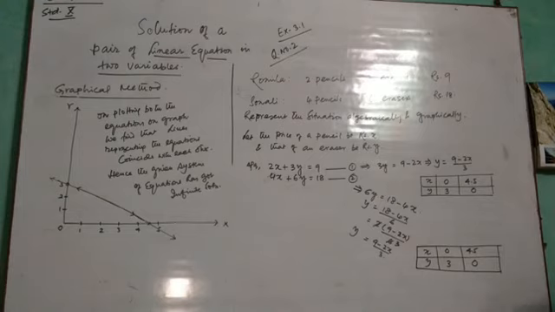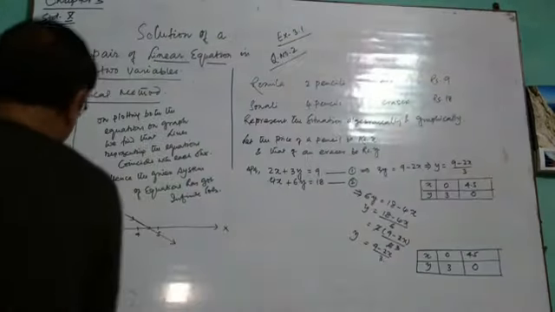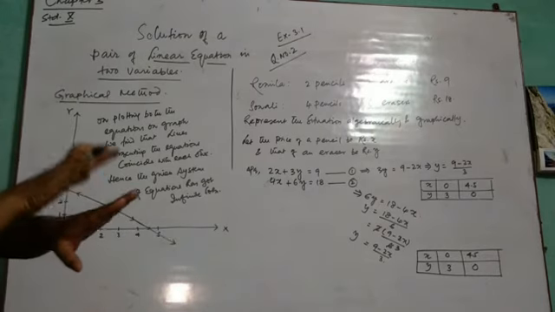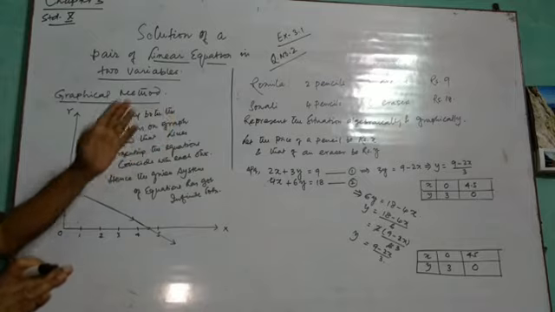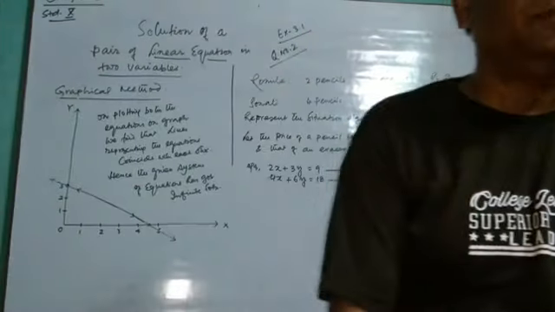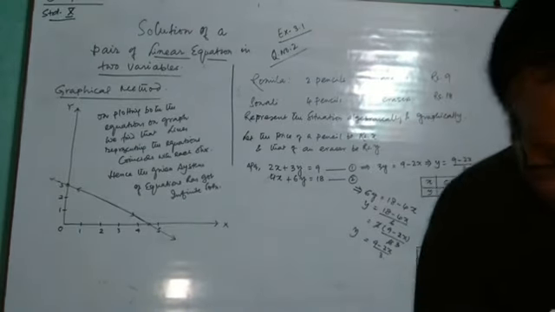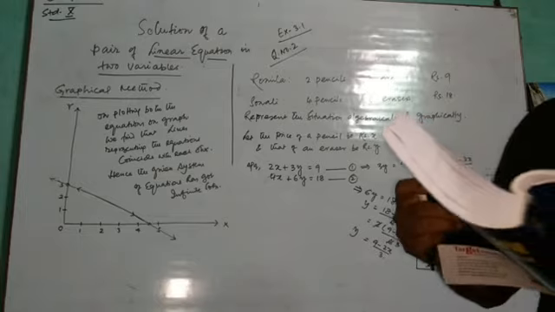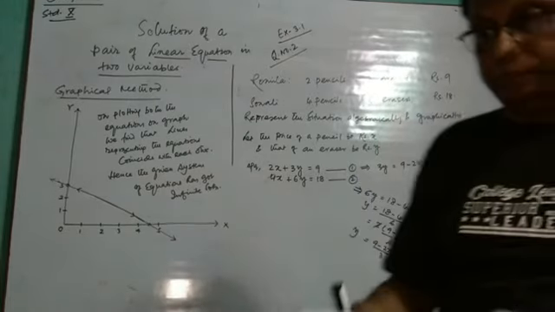So all the points will coincide with the first line. Line number 1 is this one, line number 2 is that one. They are overlapping, with infinite common points. So this was your question number 2 of 3.1. One more question I will discuss, and that will be the third one.